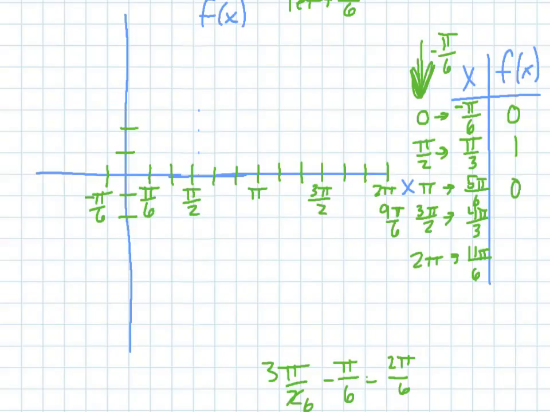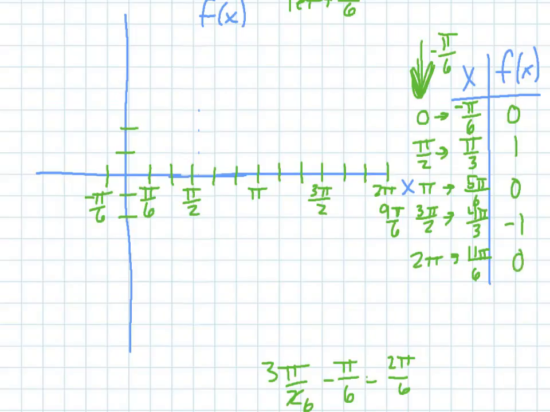So adding them together gives you 9 pi over 6, which reduces down to 3 pi over 2. So sine of 3 pi over 2 we know is negative 1. And then 11 pi over 6 plus pi over 6 is 12 pi over 6. Reduce that to 2 pi. Oh, sine of 2 pi is 0.